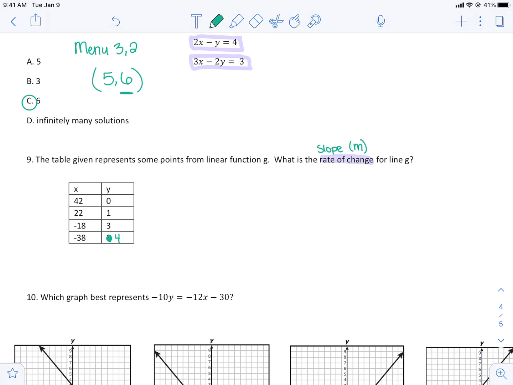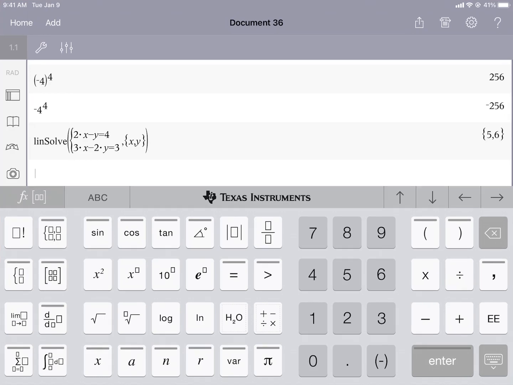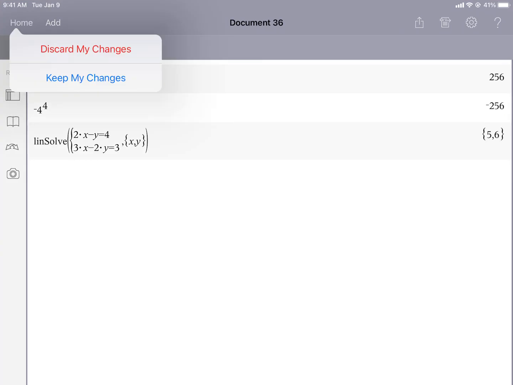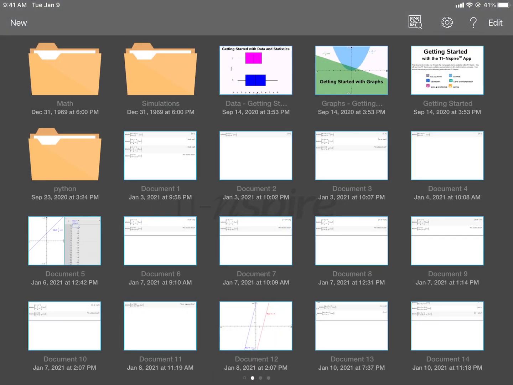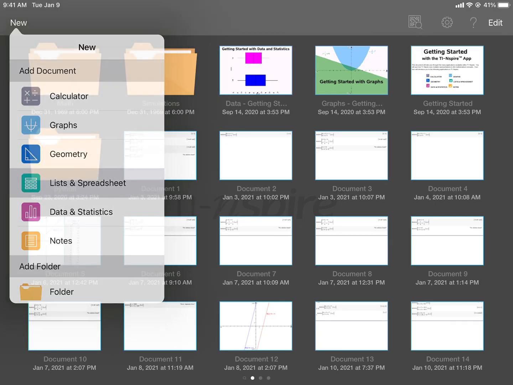So what we're going to do is we're going to use our calculator and do list and spreadsheets. Okay, so I'm going to switch over to my calculator. I'm going to go home, discard my changes, or no, I don't want to save, new, list and spreadsheet.